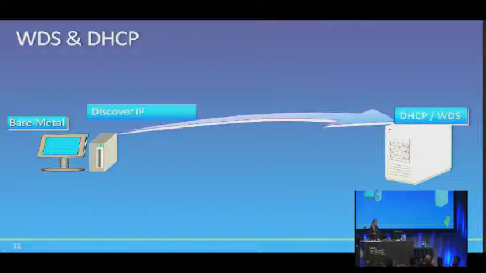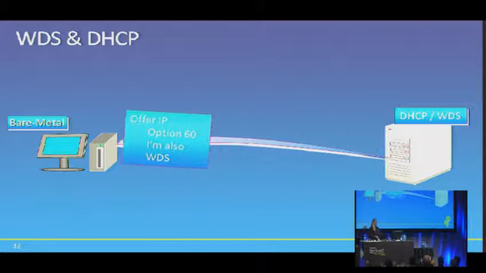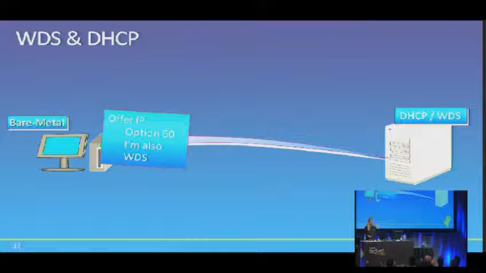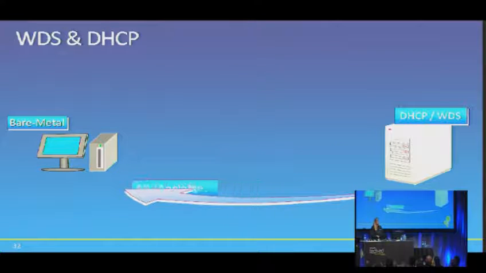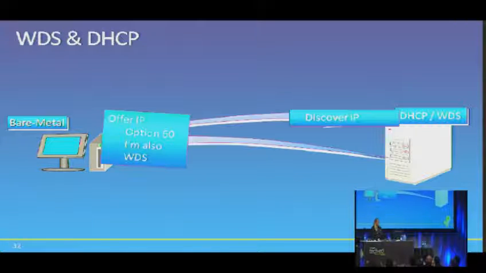Both on the same machine, Bare Metal sends a Discover packet, gets an offer and says option 60, we talked about option 60 just a second ago, I'm also the WDS server. Bare Metal sends back a request, DHCP sends the acknowledgement, and then it does another Discover and offer. So instead of doing the DORA process, it does a DORA-DO, which looks really weird in a network trace.